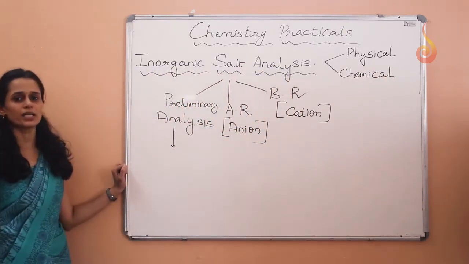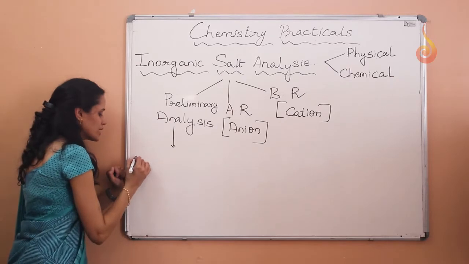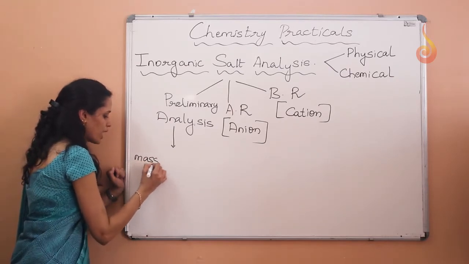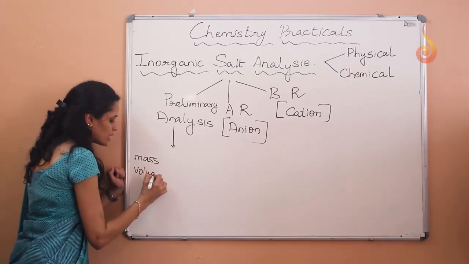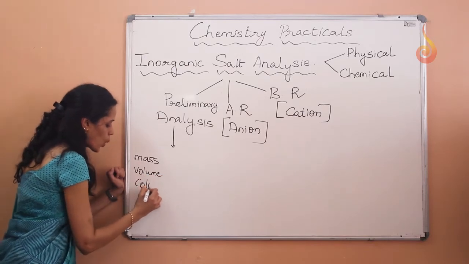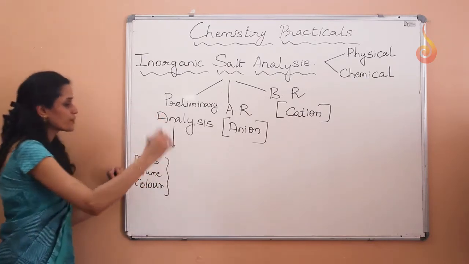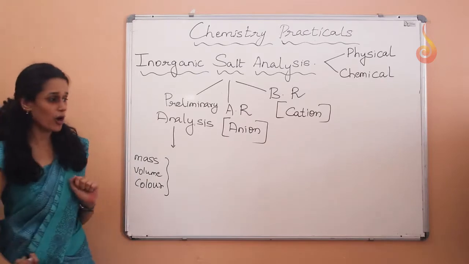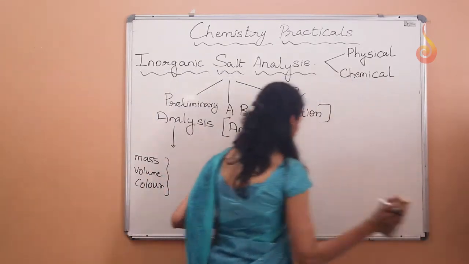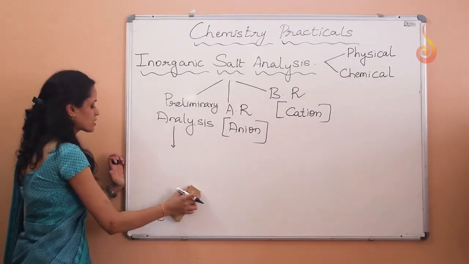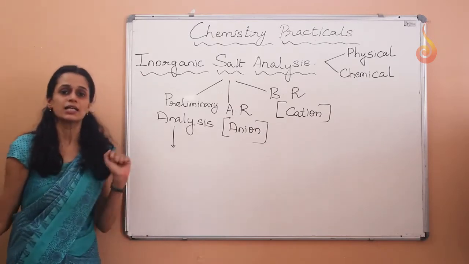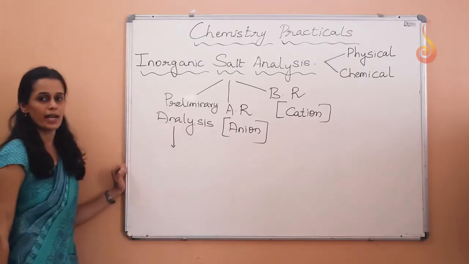Physical properties are nothing but mass, volume, melting point, color, odor, like that. So many physical properties we have for a chemical substance. Now let's go back to the first step of salt analysis, that's preliminary analysis.